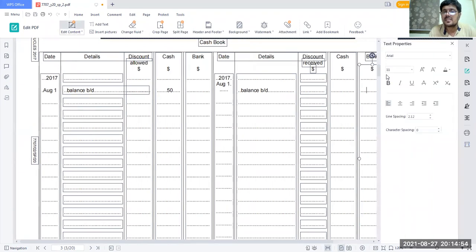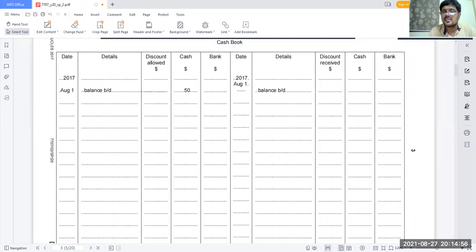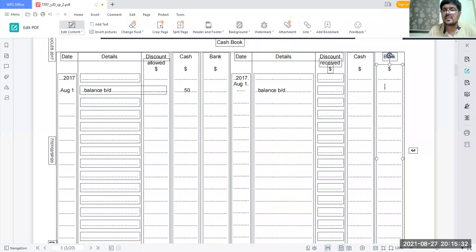When it says balance is overdrawn, it means we have to show the credit balance of bank, 7,150.